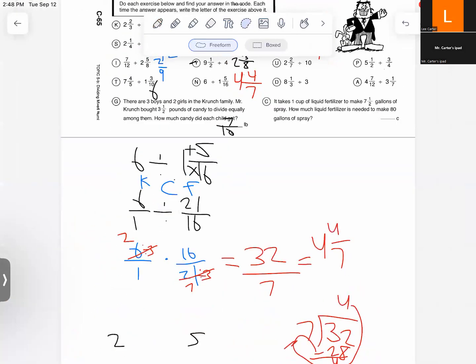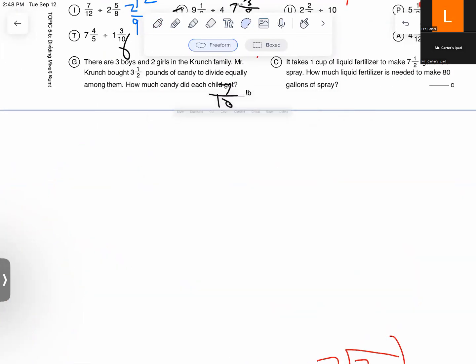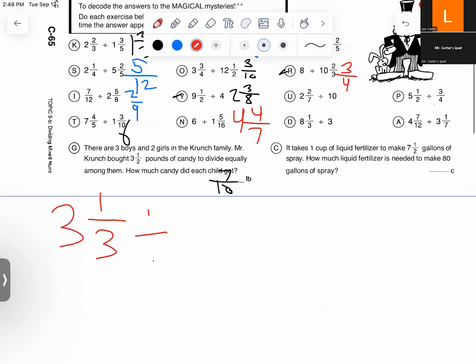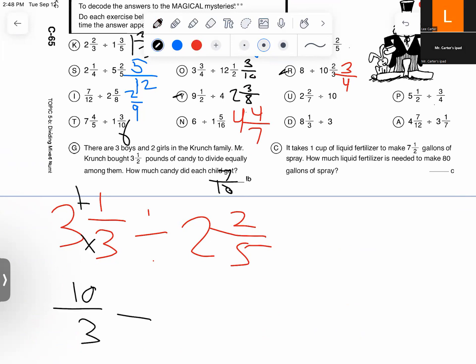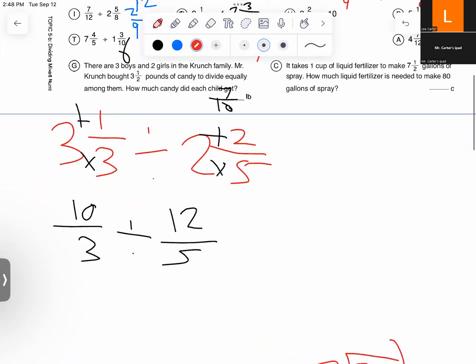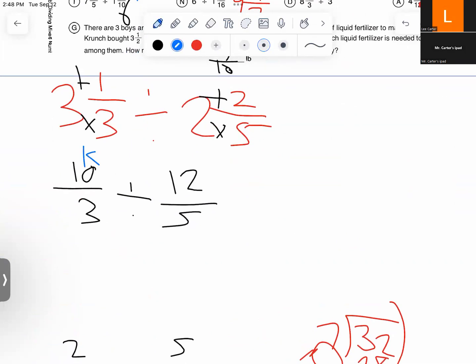So 3 1/3 divided by 2 2/5. All right, so here we go. 3 1/3 is 10/3 divided by 12/5. Now we keep, change, flip. Keep 10/3.